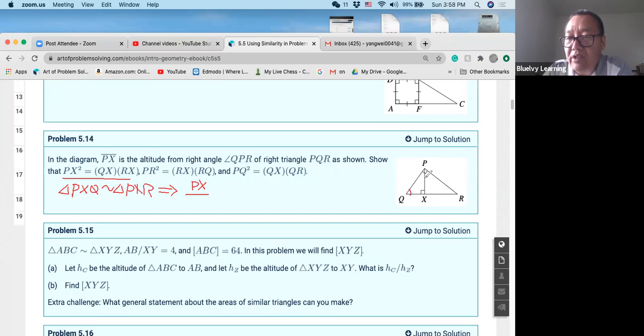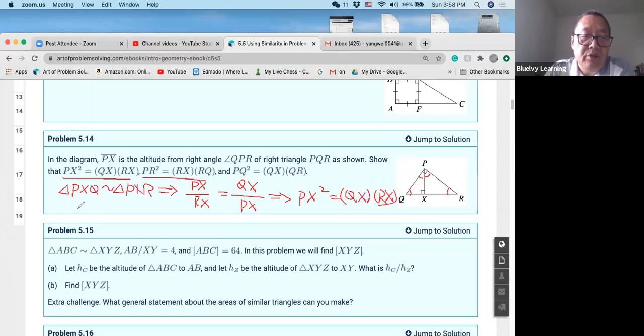This angle actually equals this angle. So that means PX over RX equals QX, this one, QX, that corresponds to this angle, over PX. So from this one, you get cross multiplication, PX squared equals QX times RX. So we prove this, right?